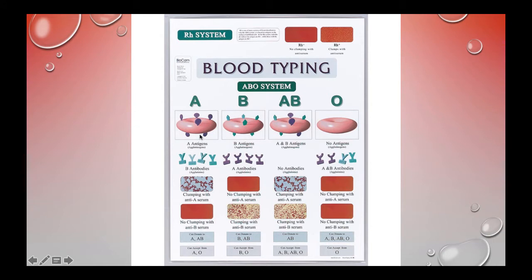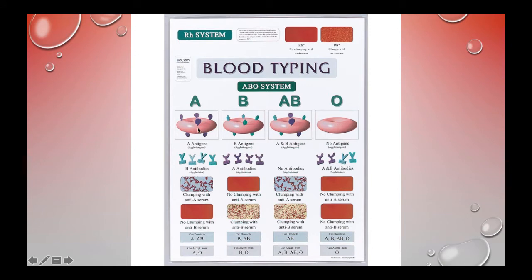On your erythrocytes, your red blood cells, you can present with the A antigen, which again is that protein on the surface of the erythrocyte, or you can present with the B antigen, or you can present with both A and B antigens. Or the fourth type would be that you present with no antigens in the ABO system.